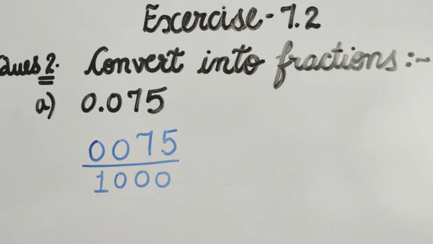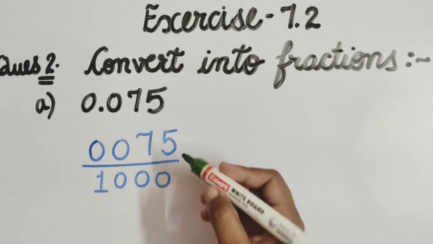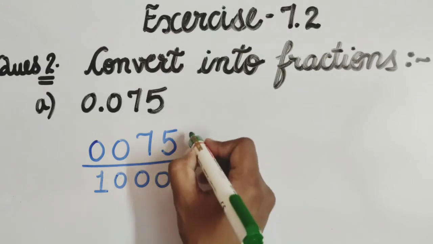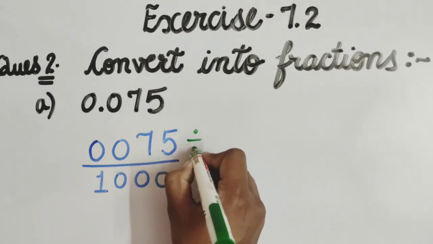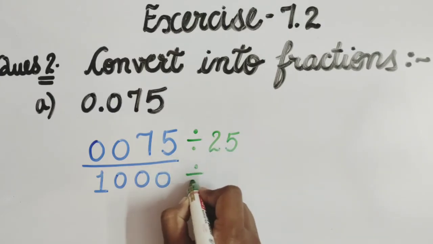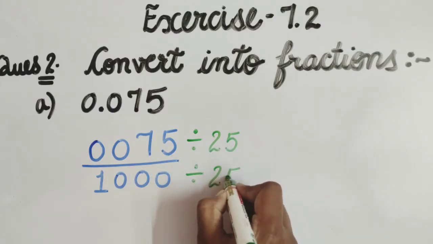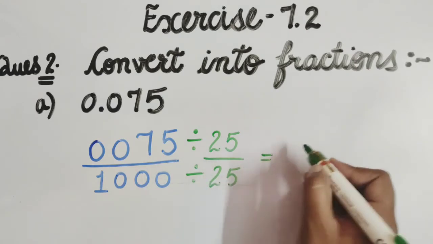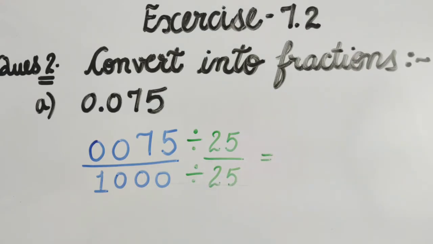First step is to find the HCF of the numerator and denominator. HCF will be 25. Then we have to divide the numerator and denominator by the HCF. Whatever answer we get will be in the lowest form.